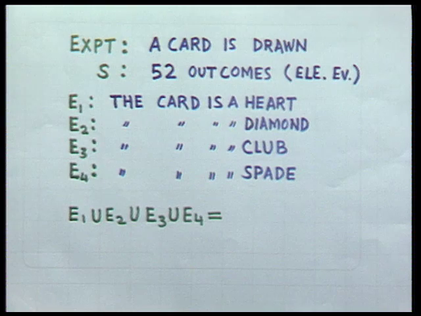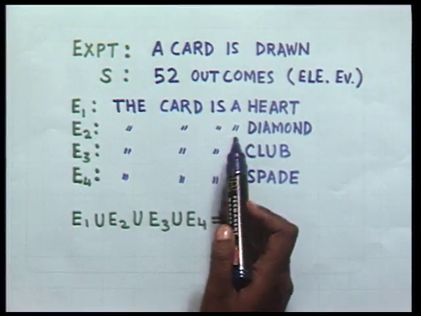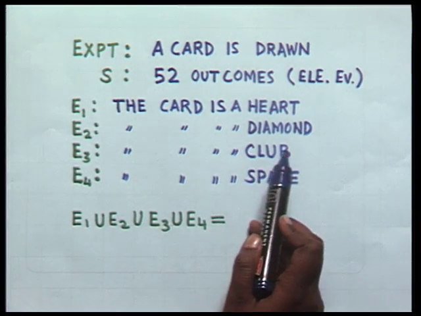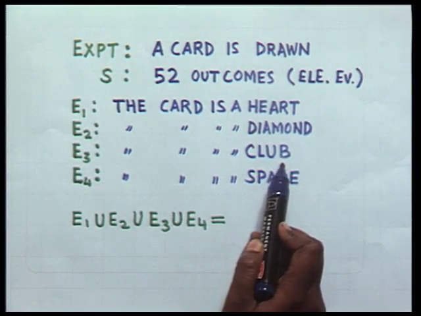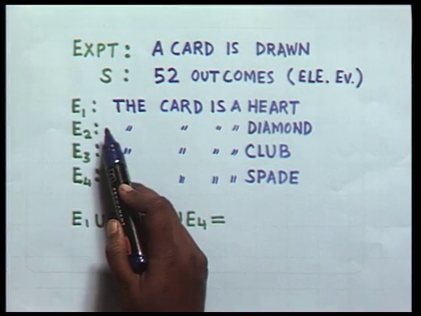Now, consider the next experiment. A card is drawn from a pack of ordinary cards. As we know, there are 52 cards in an ordinary pack of cards having identical shape and design, but they have different names. There are 13 hearts, 13 diamonds, 13 clubs and 13 spades. Consider event E1.